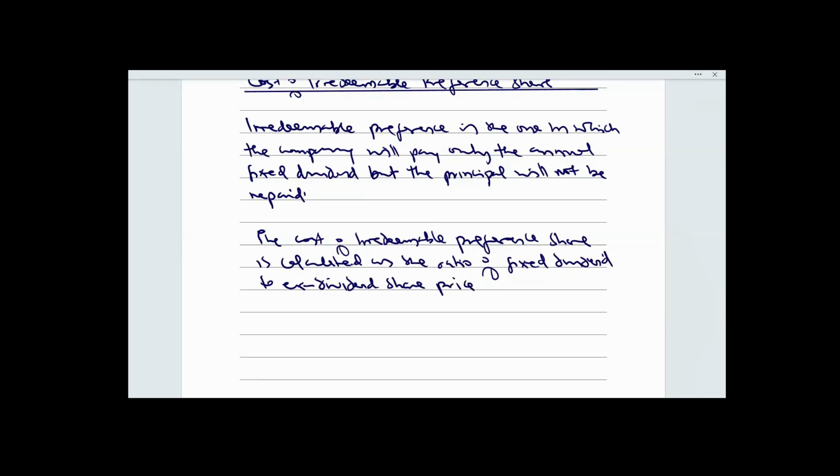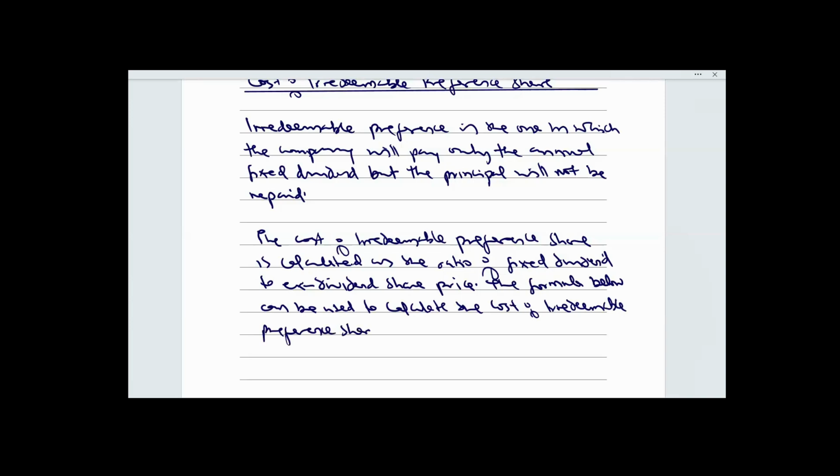As shown below, the formula below can be used to calculate the cost of irredeemable preference share.